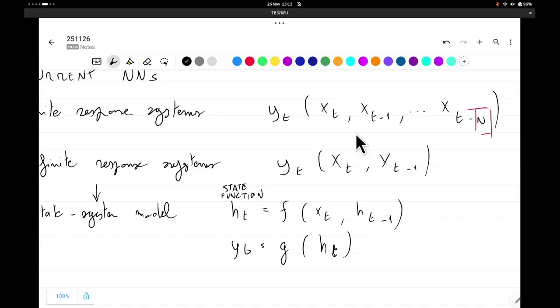In this way, we can decouple the information that is given to the model at the next step from the actual output. So typically, the output is a subset of the state.